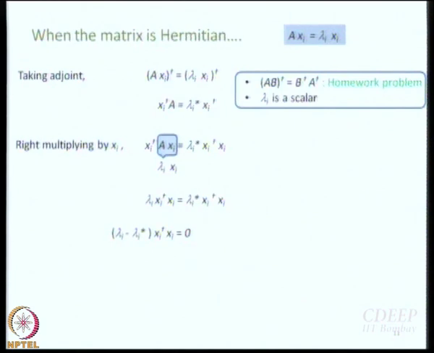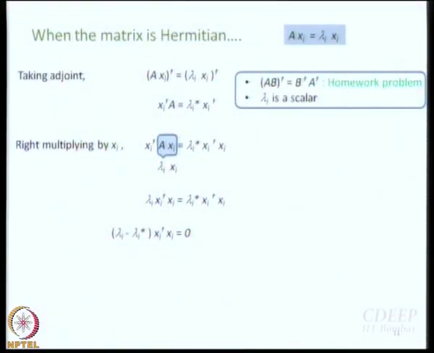Now what is xi? It might sound like a foolish question at this point, but I do not want us to lose track. What is xi? It is the ith eigenvector, right. So now you see, if I take the adjoint of an eigenvector and then multiply the original eigenvector by it, what should I get?